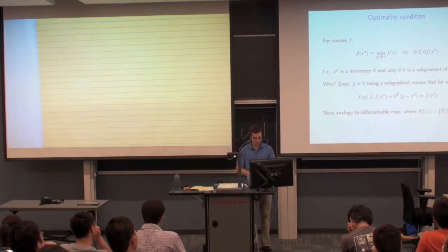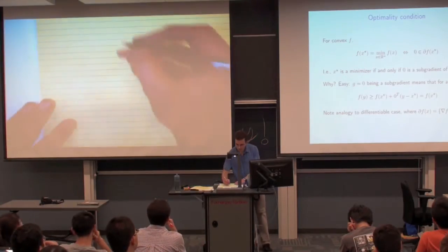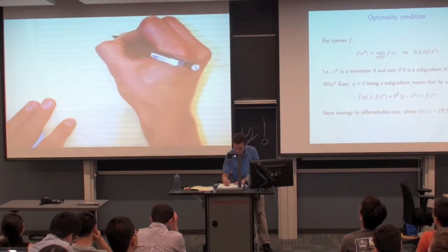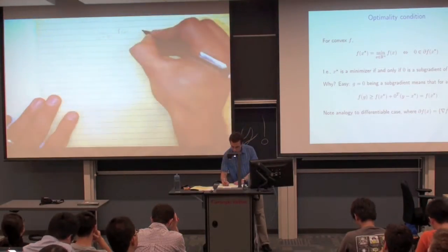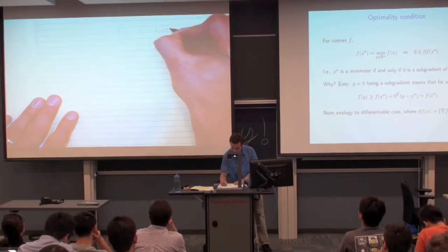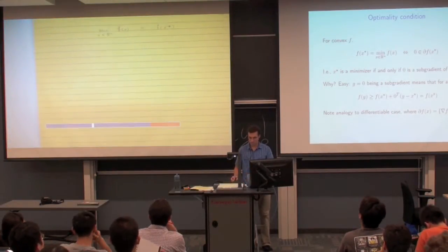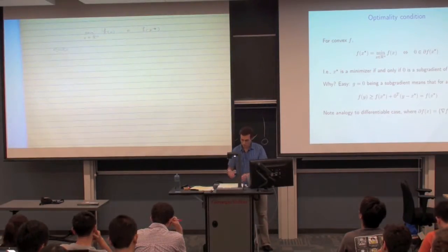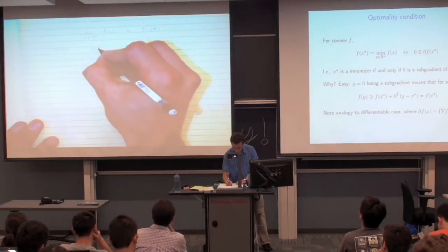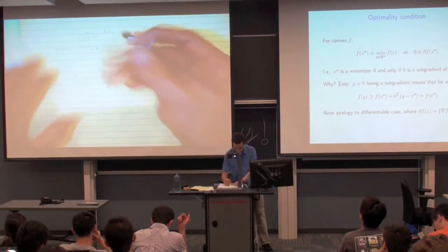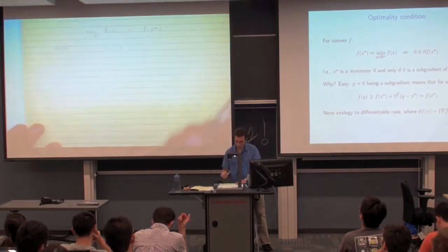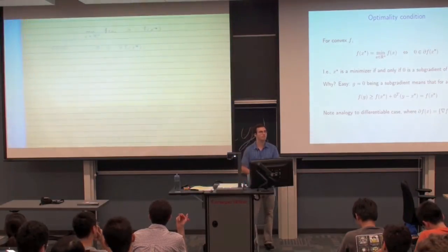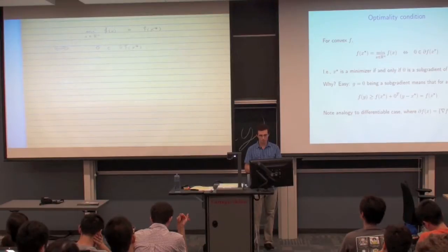If I have a convex function f, and I want to look at its minimizer, and I claim that it's achieved by some vector x star, that's equivalent to, I'm sorry, a little backwards, it's a good thing I brought a pencil, 0 being a subgradient of f at x star. Those are the same thing.